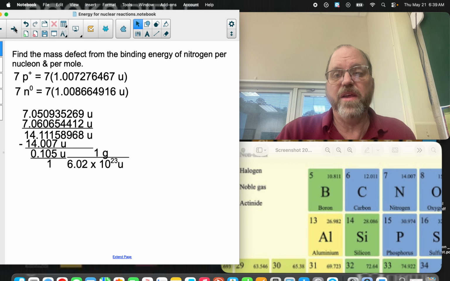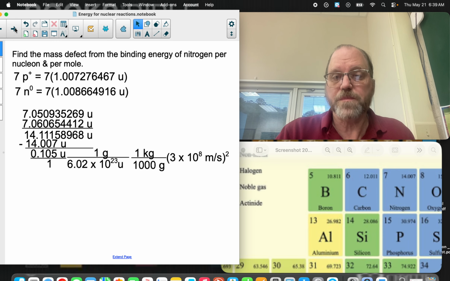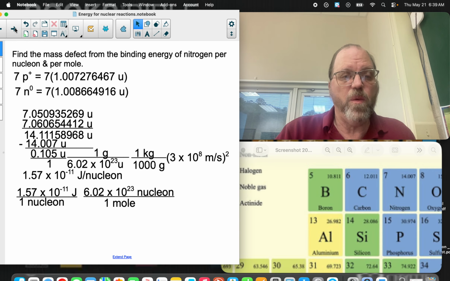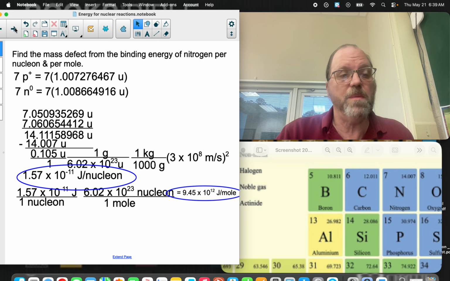We're going to convert that using Avogadro's number to grams, and then convert to kilograms, multiply by the speed of light squared, and we're going to get 1.57 times 10 to the minus 11 joules per nucleus, and then to convert that, we're going to use Avogadro's number again per 1 mole. Multiply through that, and we get 9.45 times 10 to the 12th joules per mole.